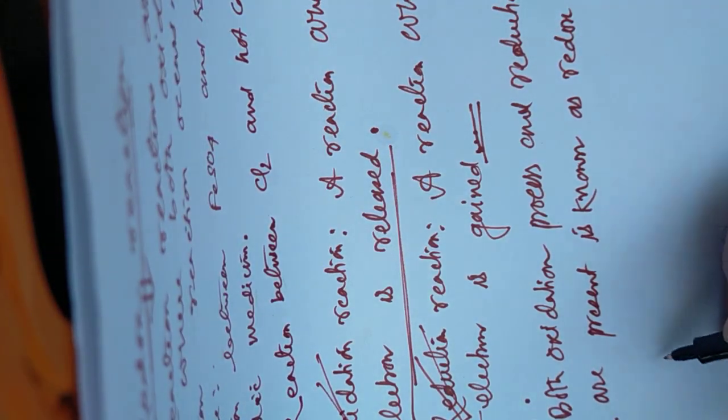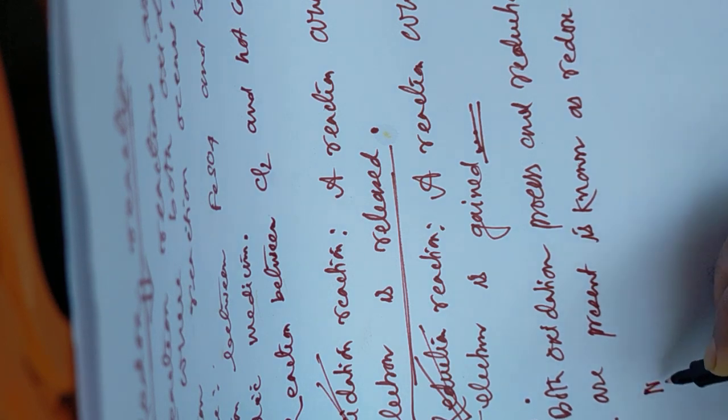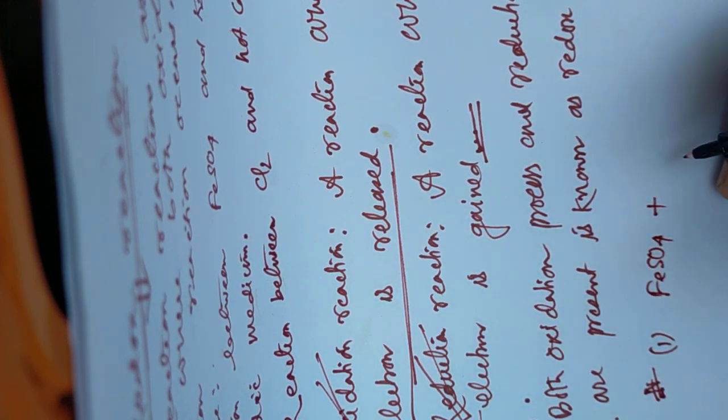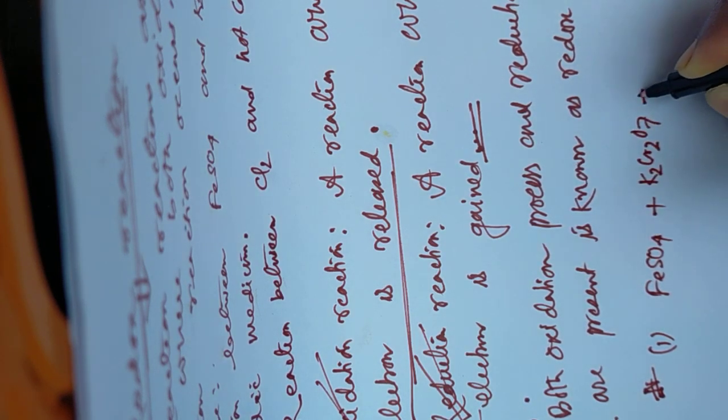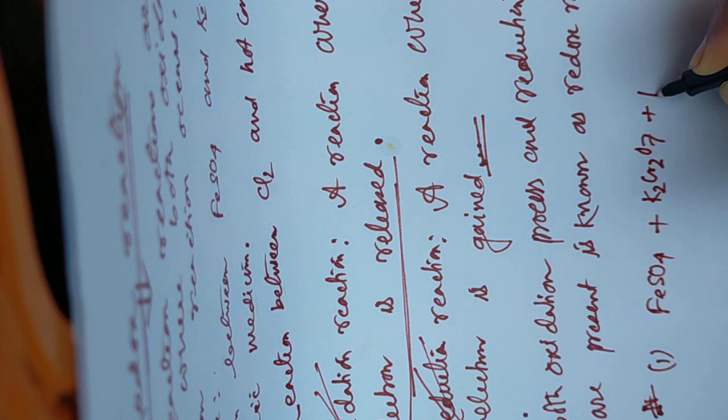So now how to balance a redox reaction? For balancing a chemical equation, here we take some examples. Number 1, ferrous sulfate reacts with K2Cr2O7, potassium dichromate, in acid medium H2SO4.